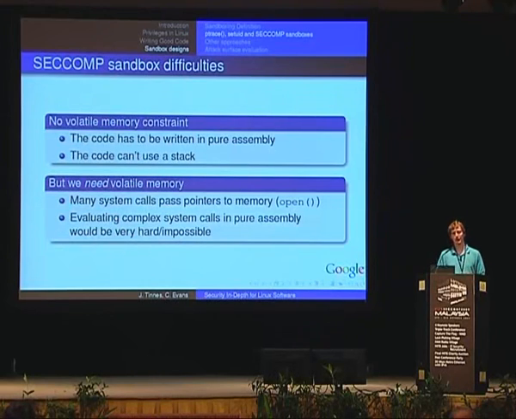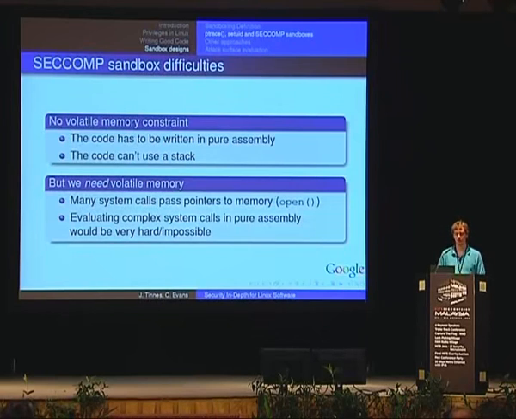This one is quite hard, because the code has to be written in pure assembly, and the code cannot even use a stack. But this is too restrictive, because you actually really want to be able to use volatile memory, because many system calls pass pointers to memory, such as open. So if you want to validate a call to open, you actually need to dereference a pointer and read the memory there.